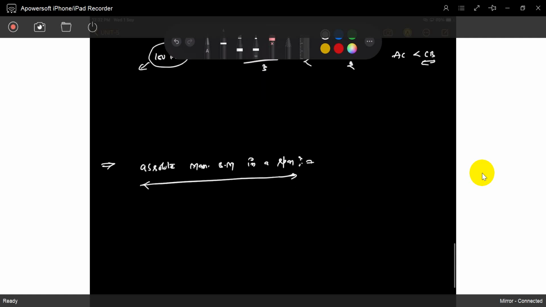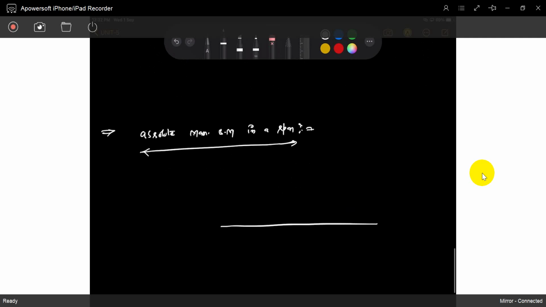So if a uniformly distributed load of some intensity q is moving from one end to the other end, where will we get the maximum bending moment, not at a particular section, but the absolute maximum bending moment in the total span?